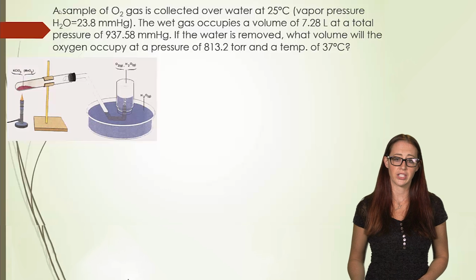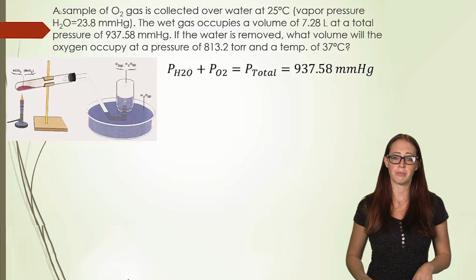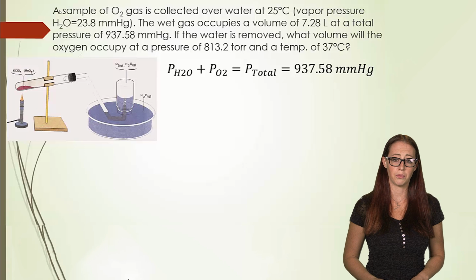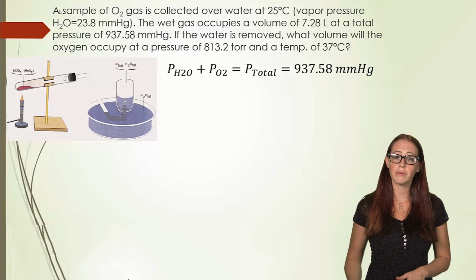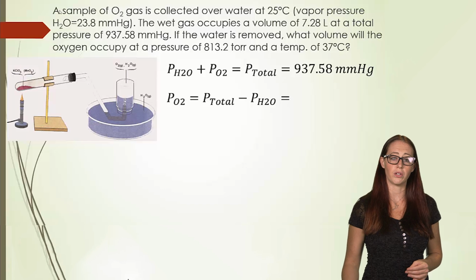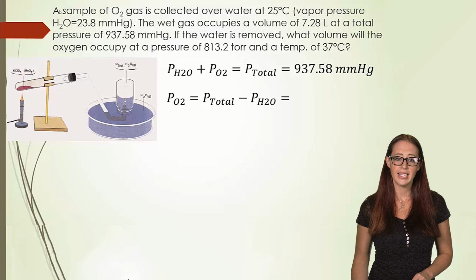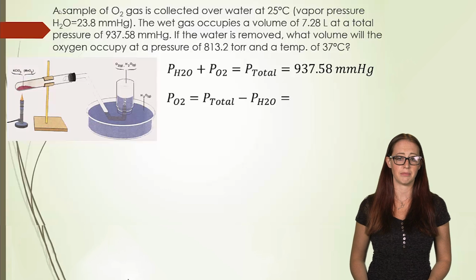The total pressure is equal to the water vapor plus the oxygen, and this must be equal to the atmospheric pressure since it's what is pushing down the water and up into the tube. If we rearrange this, we get the partial pressure of the oxygen being the total minus the water vapor. This gives us the partial pressure of oxygen at 913.8 millimeters of mercury.